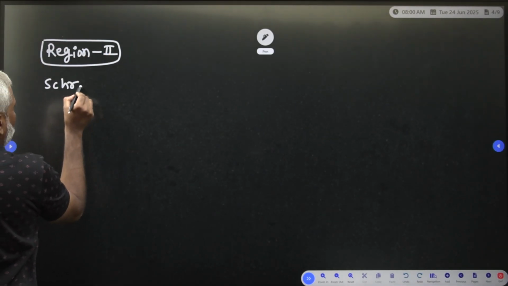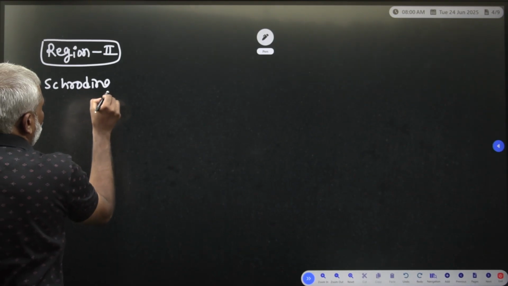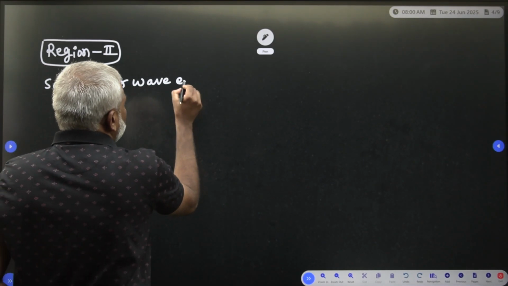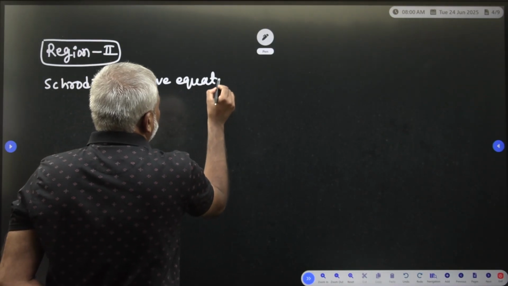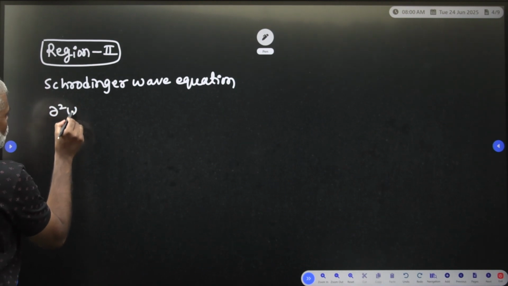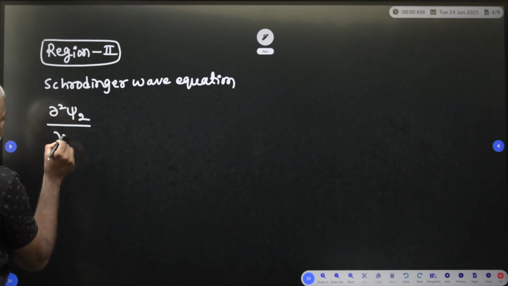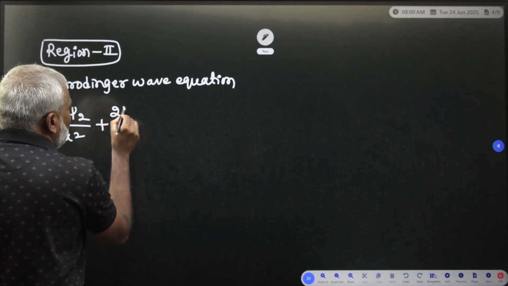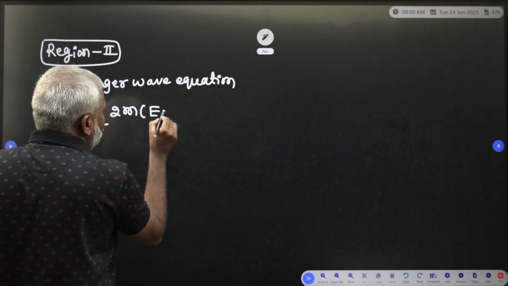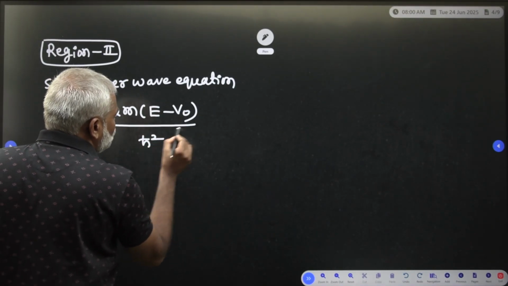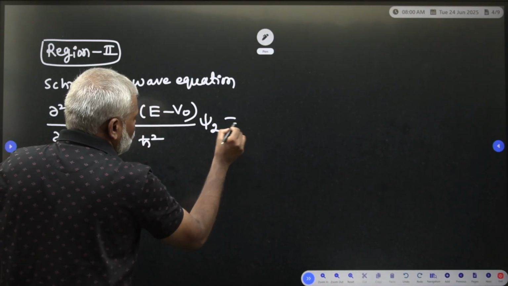In region 2, the wave function satisfies dou square psi 2 by dou x square, because it is one dimensional, plus 2m into E minus V naught divided by h cut square into psi 2, which is equal to 0.